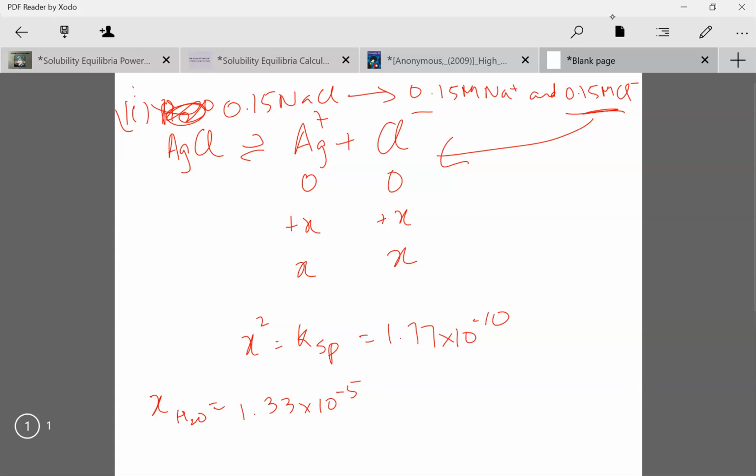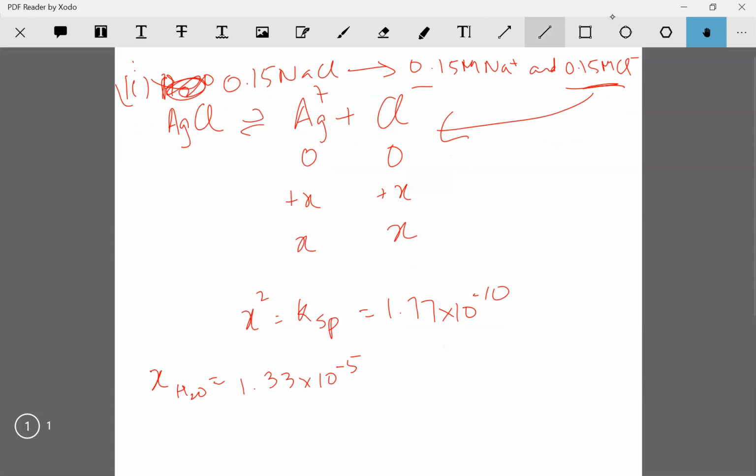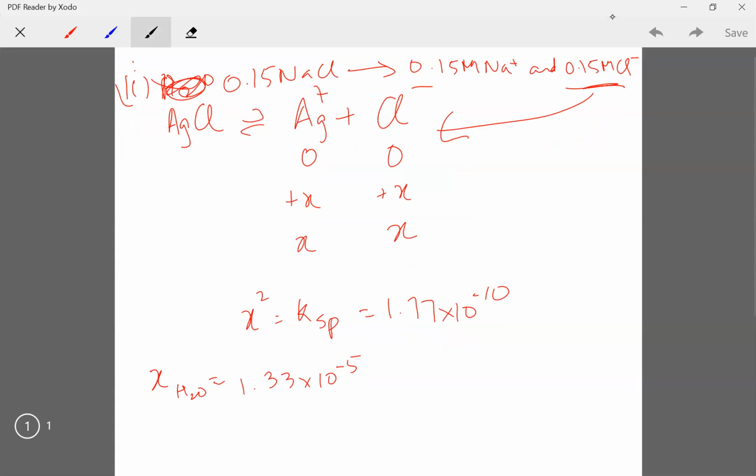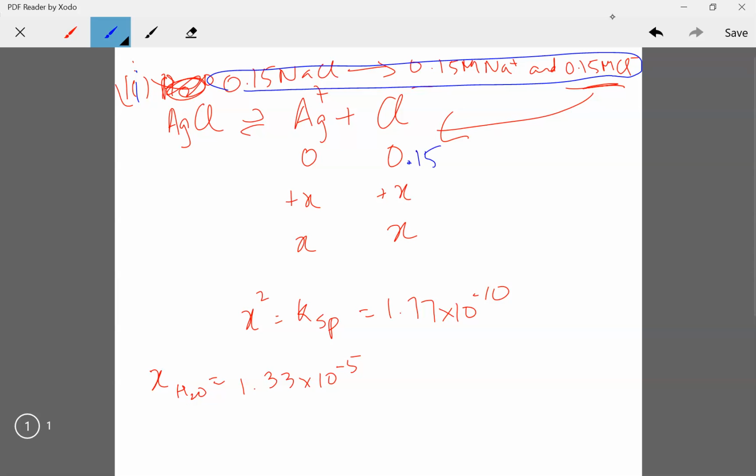So instead of 0, this is going to be 0.15, 0.15 plus x. So we just do a quick 0.15 divided by KSP greater than 500 justified step to cancel out this plus x.